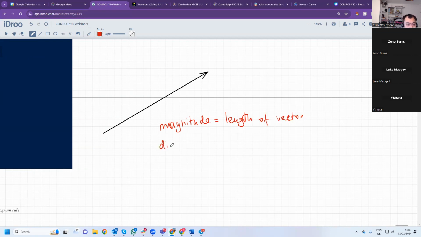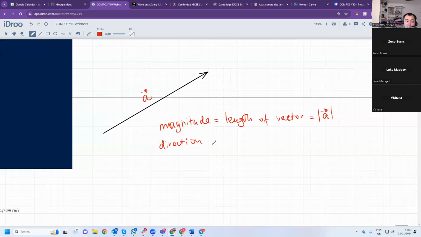And direction is, well, the direction, right? So if this vector is A, then the magnitude of the vector is modulus A. That's how we write modulus A. So straight line, vector, straight line. That indicates the length of the vector.